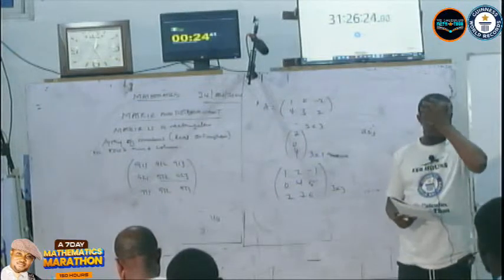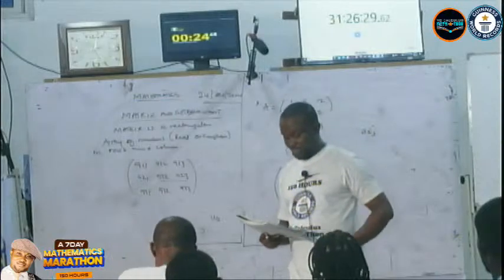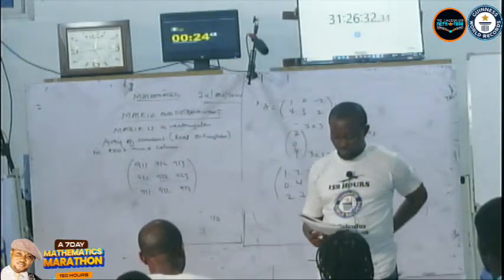So we want to start by discussing a square matrix. A square matrix is a matrix in which the number of rows and the number of columns are equal.